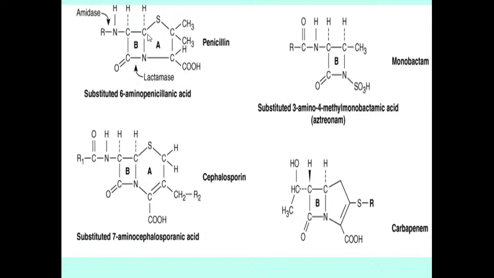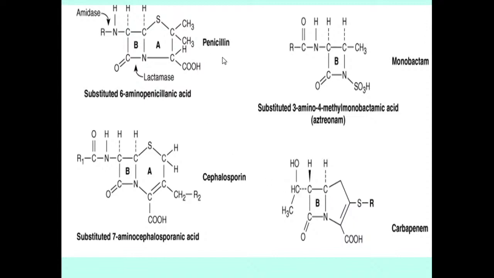But here we see an additional 5-membered and here a 6-membered cycle. And carbapenems also have an additional 5-membered heterocycle. But this is the beta-lactam ring. That's why we unite these 4 very important groups into one, having the beta-lactam ring.